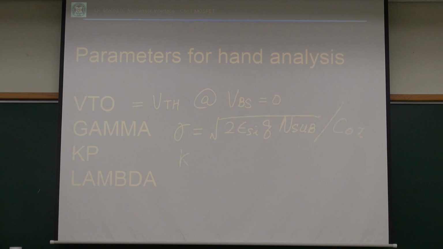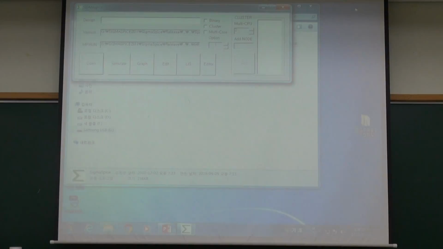This Kp is mu Cox. Lambda is the channel length modulation factor. So we want to derive those 4 quantities.